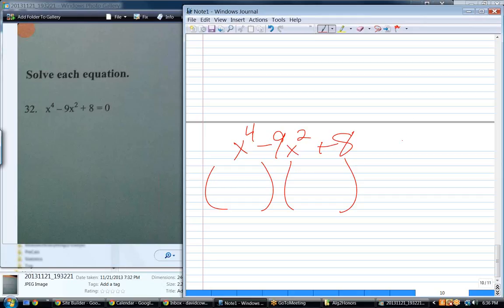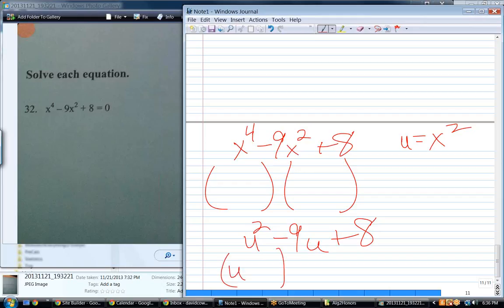So let's just talk about it for a moment. If I let u equal x squared, then I can write this quartic function as a quadratic in u. It would be u squared minus 9u plus 8, which factors easily into u minus 8 times u minus 1. To solve for x, I take my two solutions: u equals 8, u equals 1.